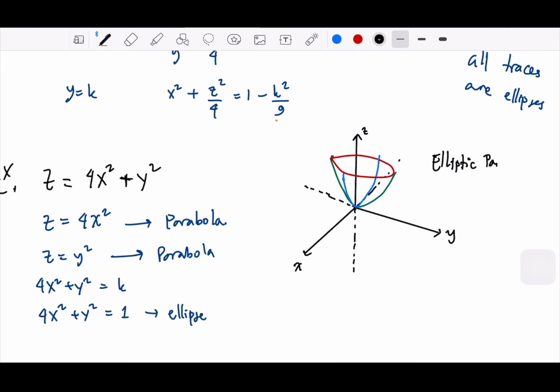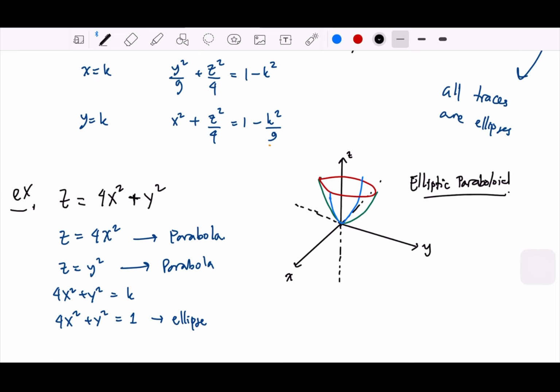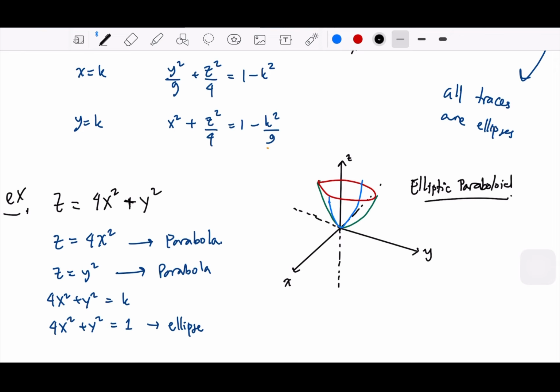Now we call this shape an elliptic paraboloid. Elliptic means the ellipse is the boundary of the two parabolas.